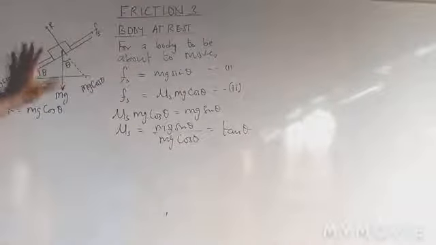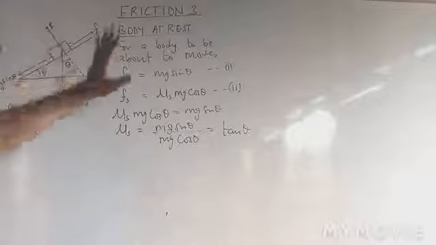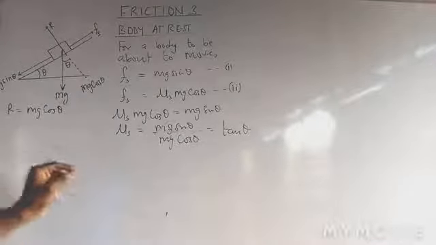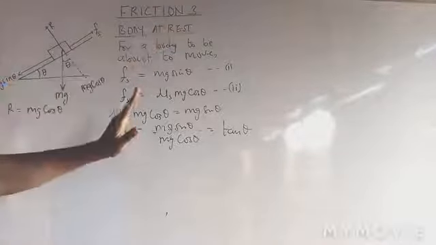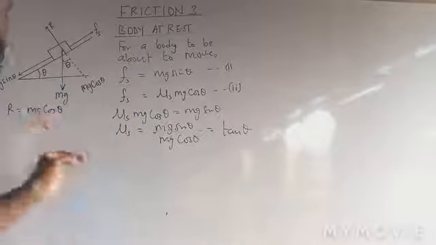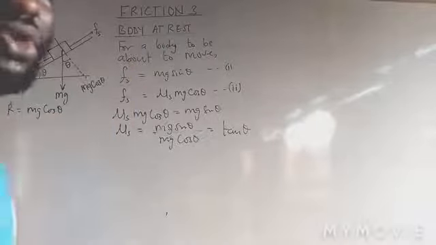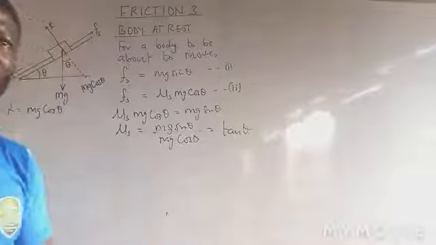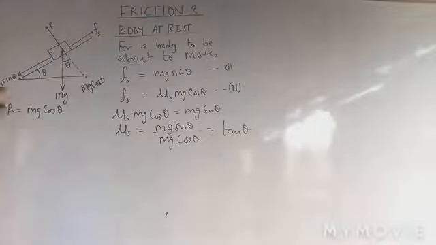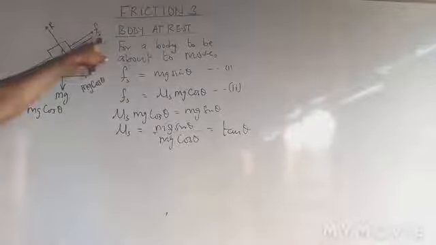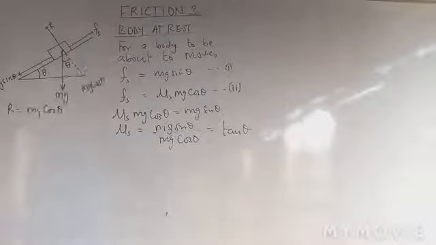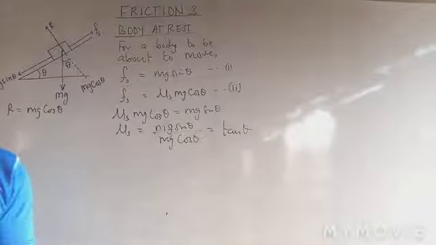So this is the major thing I want to discuss here under friction 3: whenever the body is at rest, be very careful. Your frictional force is not equal to mu S times R. Rather, you use mg sine theta, which will give you the frictional force.